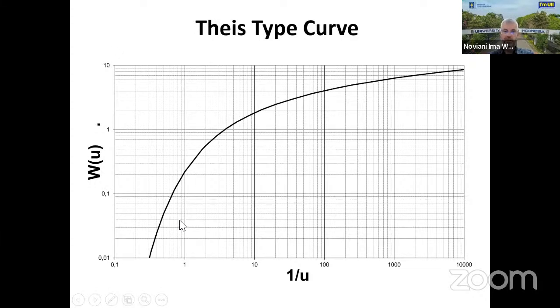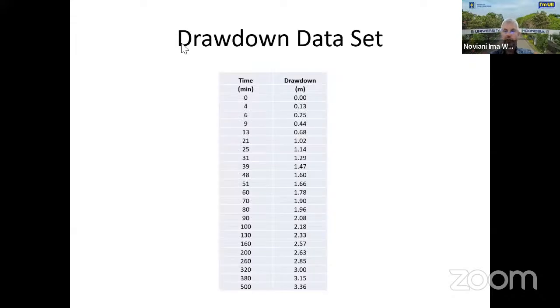So interestingly, we can now use this graph to lay over or to superimpose on our drawdown data. And when we do that, then we're in a position to actually calculate all these beautiful parameters that we so desperately need. So remember, this was our data set, time, drawdown.